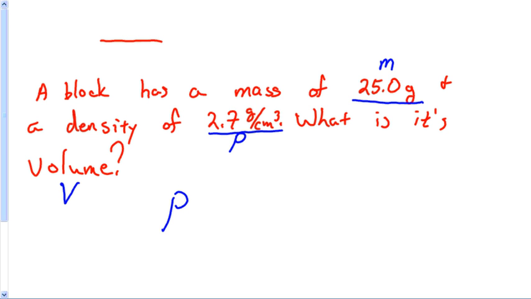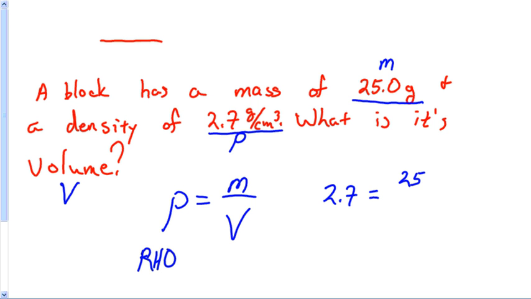Write down your equation. Density equals mass over volume. Substitute. What goes in place of rho? If you're trying to spell that, it's R-H-O is how you say it. Well, in place of rho, we write 2.7. 25 over V. Oh, wait. How do you get rid of the V off the bottom? The opposite of dividing by V. Multiply both sides by V. 2.7 V equals 25.